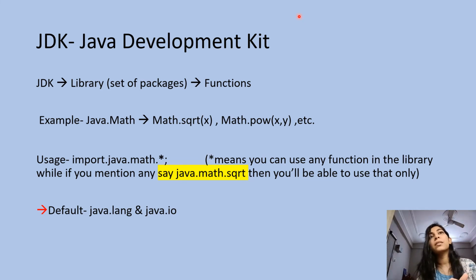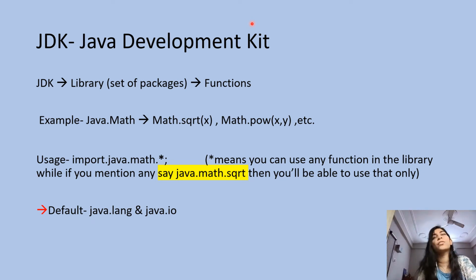Now, considering the library java.math for now, it is used for various mathematical calculations, be it a square root, be it a cube root, power, and whatnot. So java.math for now say has functions sqrt, right?